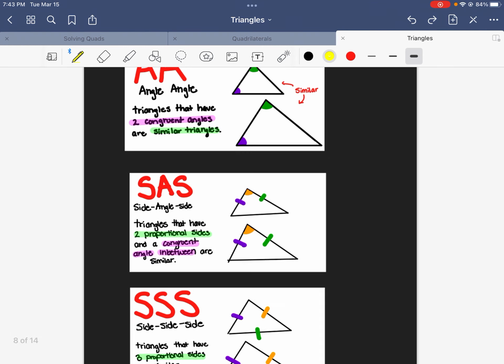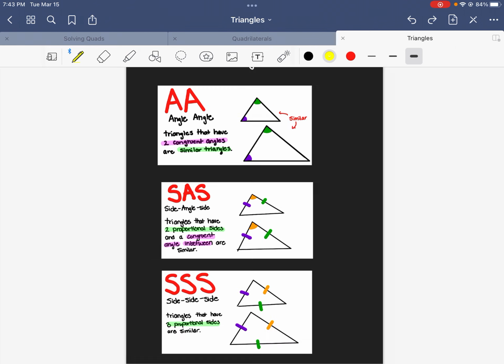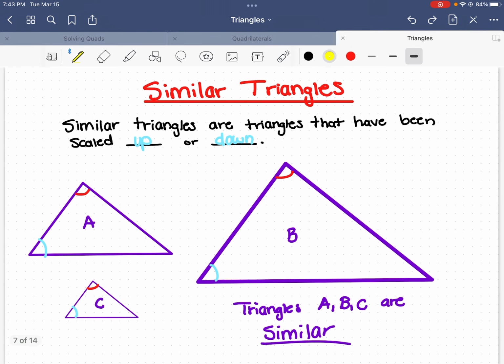The next one is if we check for side, angle, side. Let me back up. Let's recap. Oh, it's side, angle, side. I'm sorry, you guys. When we talk about sides, like I had previously said, this side is not going to be congruent to this side.